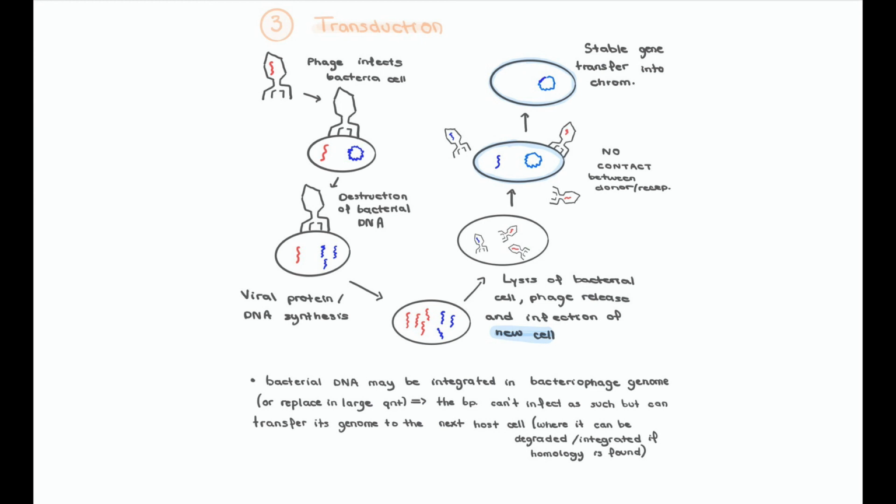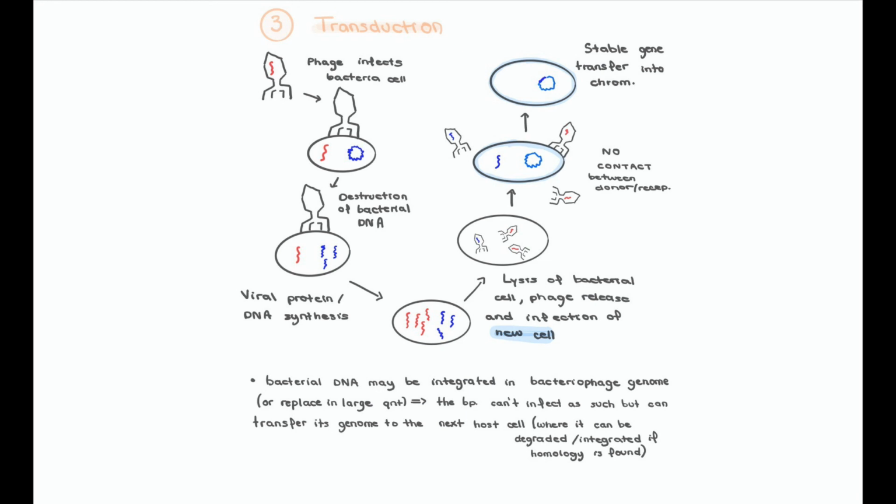And so, as usual, the virus arrives and squirts the DNA into the bacteria. Except here, since it's not viral DNA, it's bacterial DNA, it's not going to do all those nasty things that it did before, as we saw in the first round. Instead, this bacterial DNA has a high chance of being incorporated into this new cell's genome.